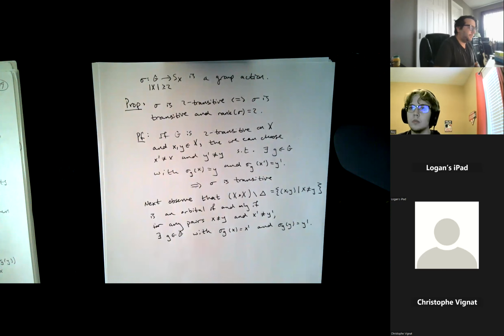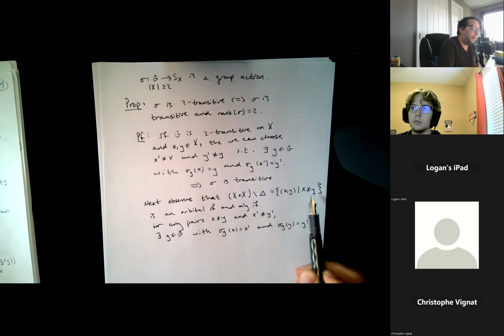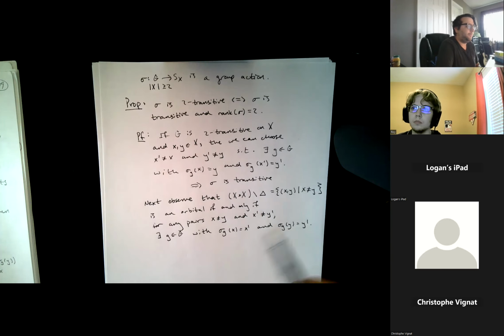All right, so where was I? This thing here is an orbital if and only if for any pairs x not equal to y and x prime not equal to y prime, we can connect these pairs with a single group element. That's what it means to be an orbit of sigma 2, which is what it means to be an orbital of sigma, right?